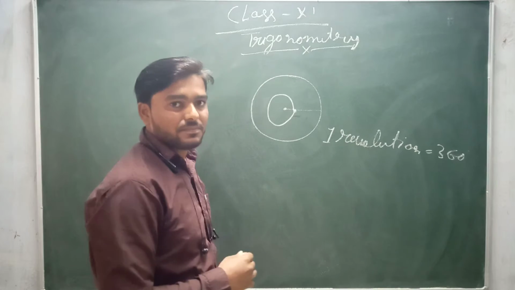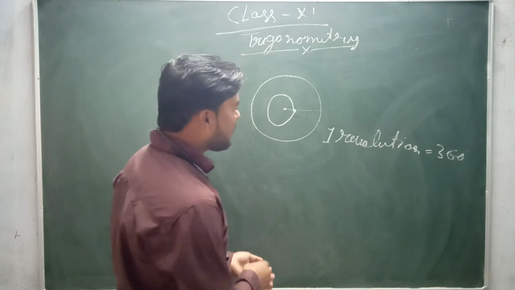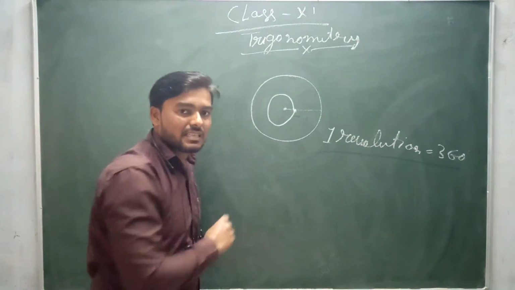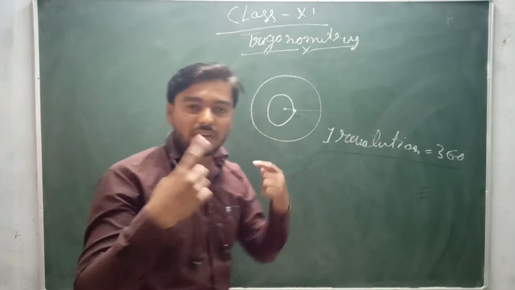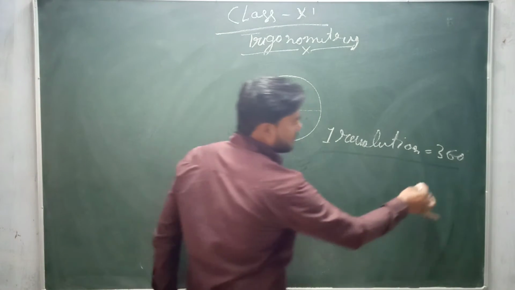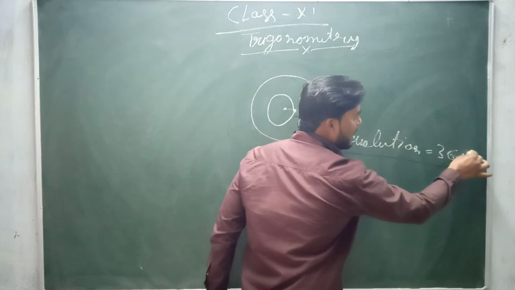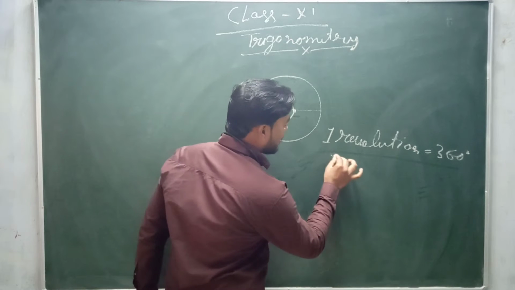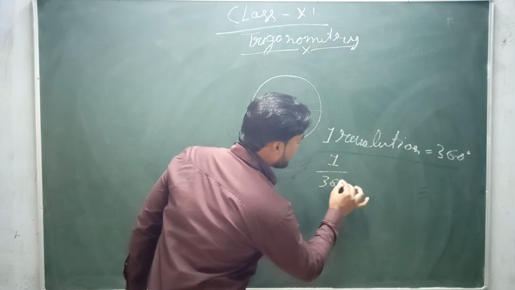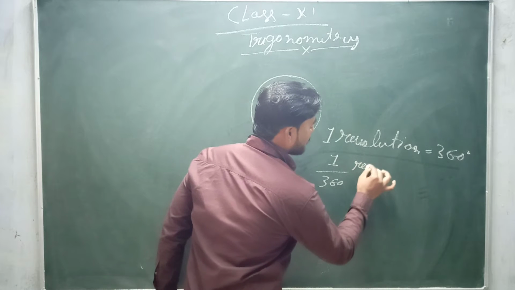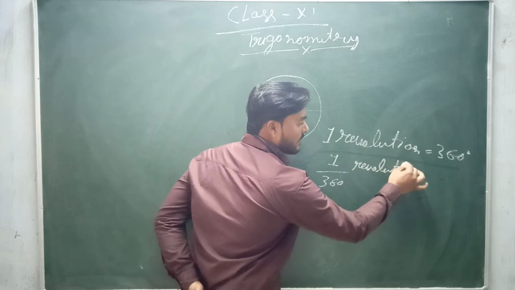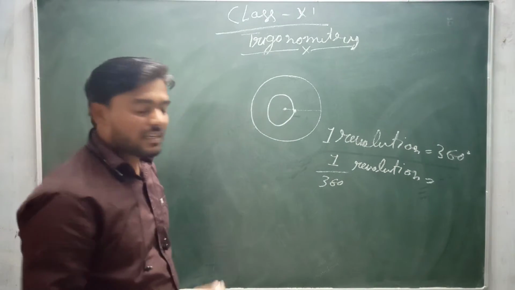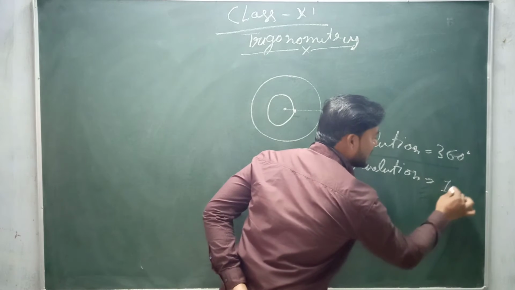Now, what is 1 degree? One revolution is equal to 360 degree. Then 1 degree is equal to what? From the left side, 360 degree goes to the other side. Now 1 upon 360 revolution is equal to 1 degree.